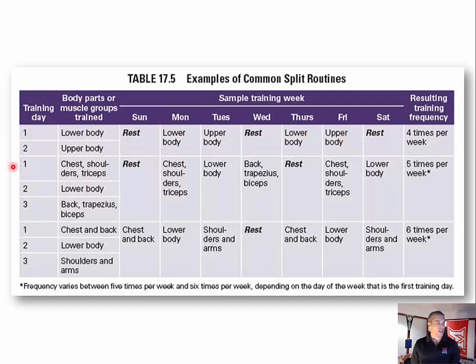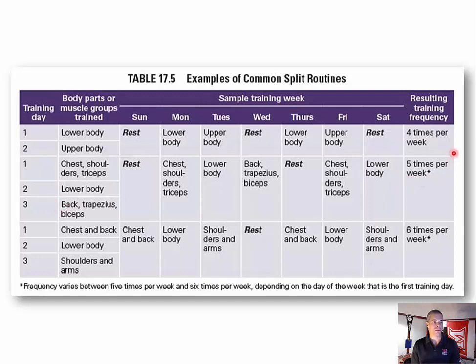Another common split routine would be doing chest, shoulders, and triceps on day 1, lower body resistance exercises on day 2, and focusing on the pulling muscles, the back, the traps, and the biceps on day 3.